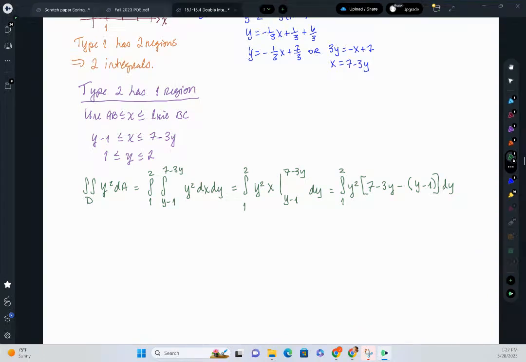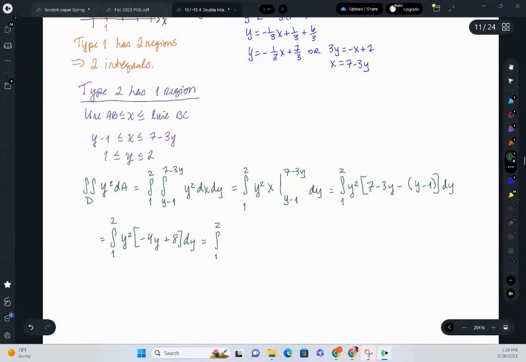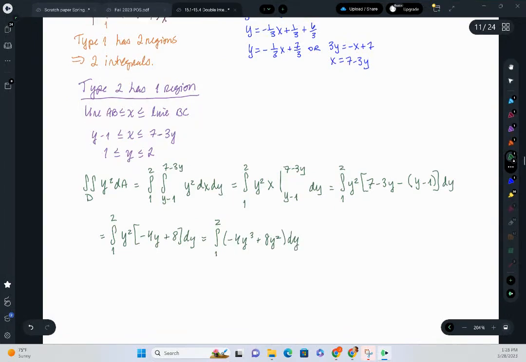This will give me the integral from 1 to 2 of y squared times, it looks like I have minus 4y's, and I have 7 plus 1 for 8 constants. Now distribute one last time: the integral from 1 to 2 of minus 4y cubed plus 8y squared dy.